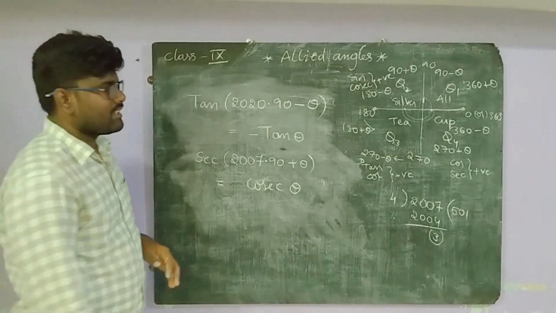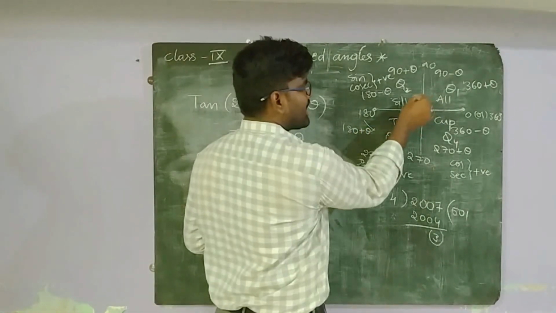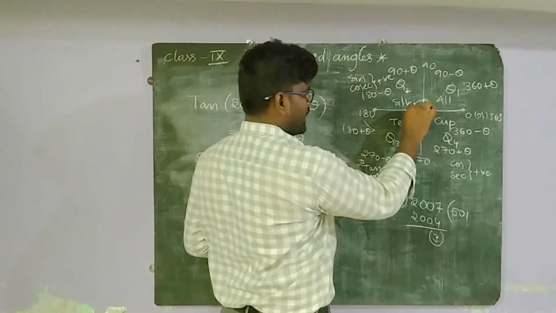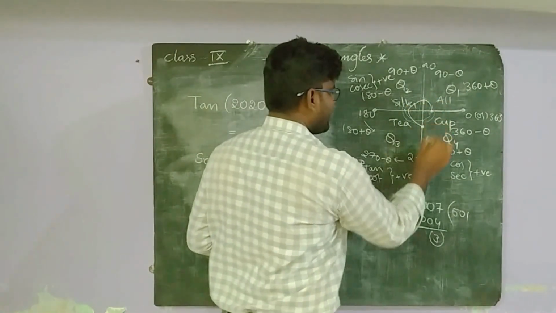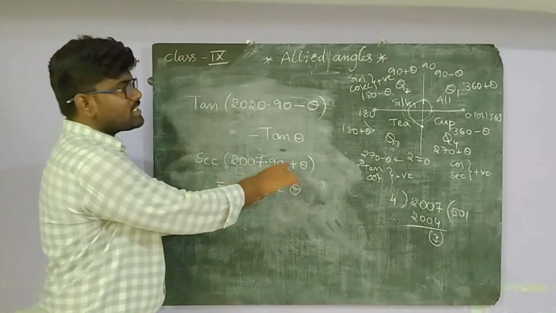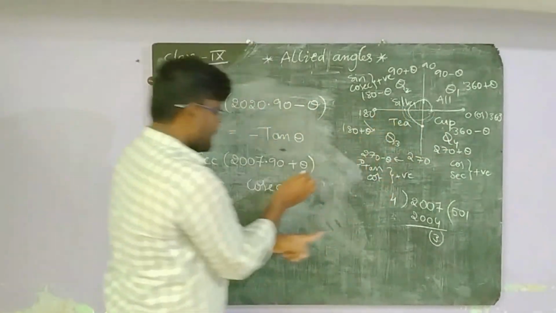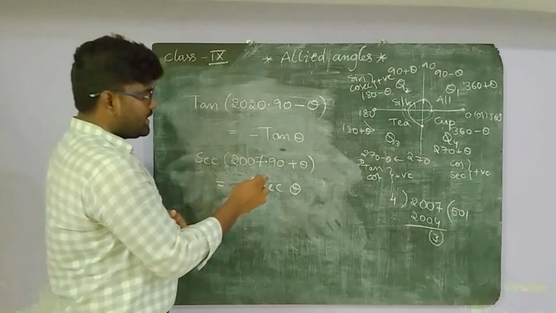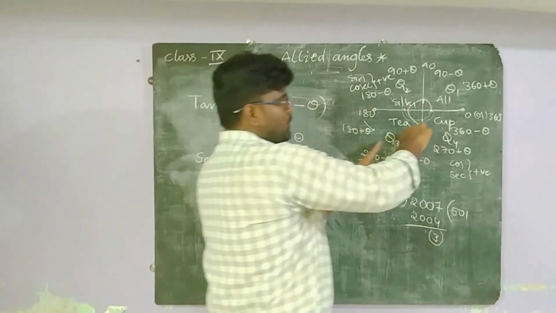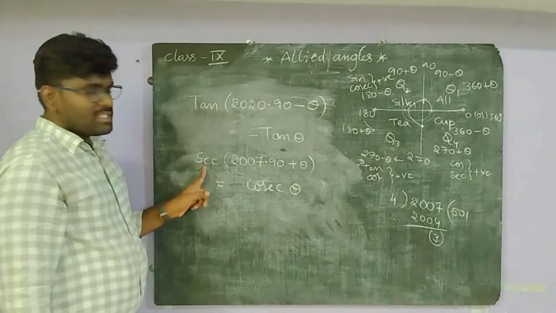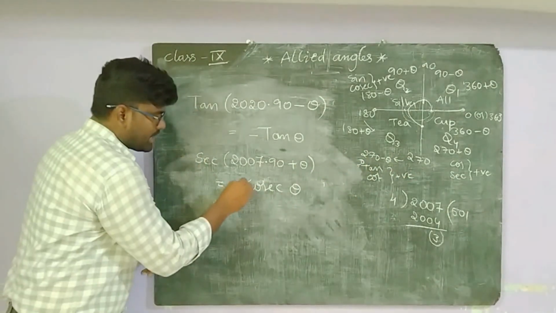Remainder 3 means 501 complete rotations are over, and the remainder is 3 times 90, that is 90, 180, 270. Here with 270, plus theta means the fourth quadrant, and minus theta means the third quadrant. Here plus theta is there, so it is the fourth quadrant. In the fourth quadrant, cos and secant are positive. Secant is positive, so we are getting a positive answer.